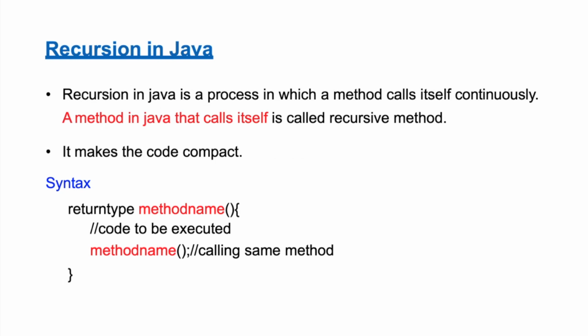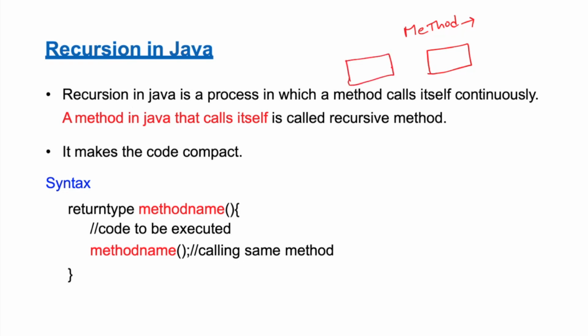Recursion in Java is a process of a method calling itself. Means what? A method calling itself is known as recursion. For example, assume there is a method, and another method is there.